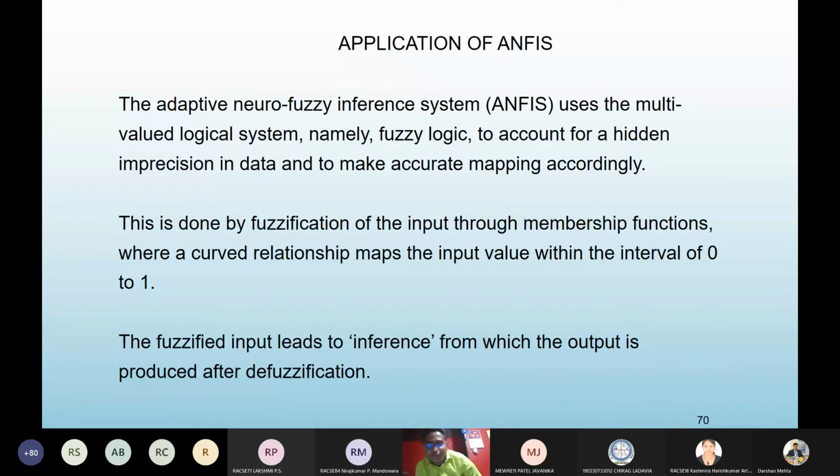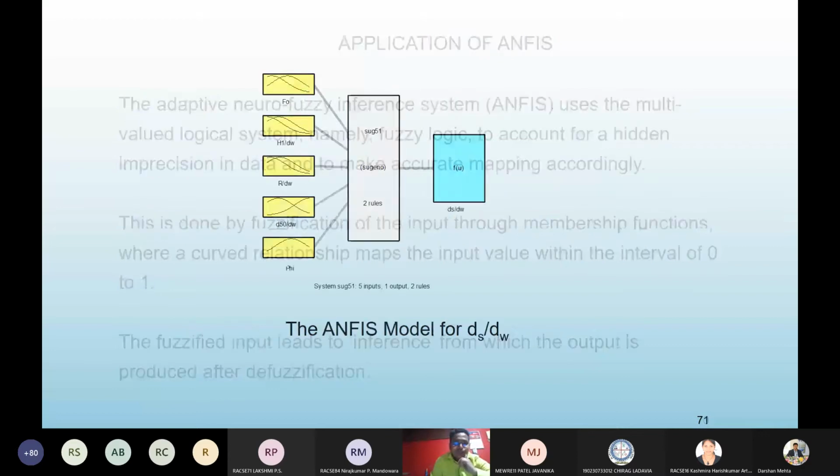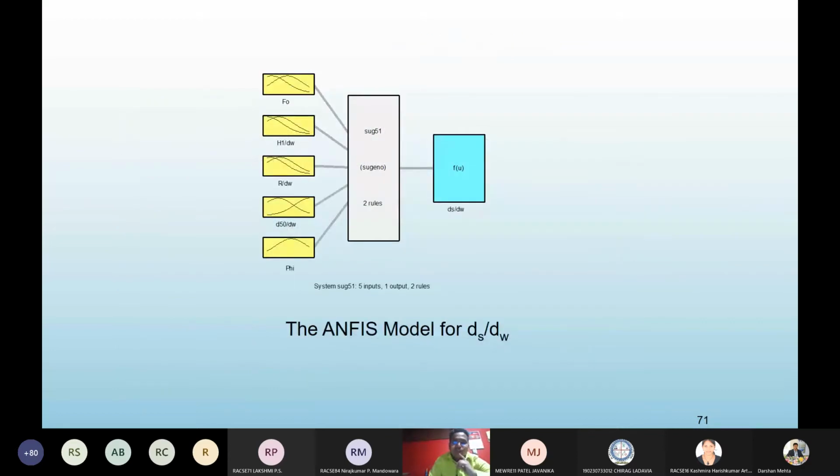If one thing is bad, you will not give anything. So same thing, if-then rules, fuzzy inferences. It works like this: ANFIS, Sugeno type, is available in MATLAB, so you need to use the MATLAB NN tool.